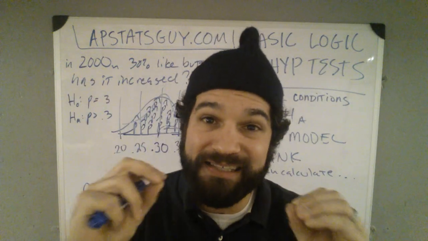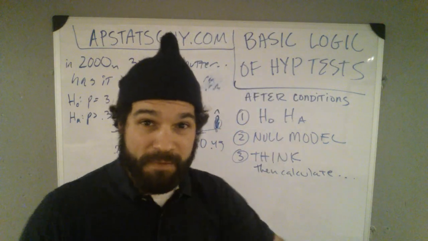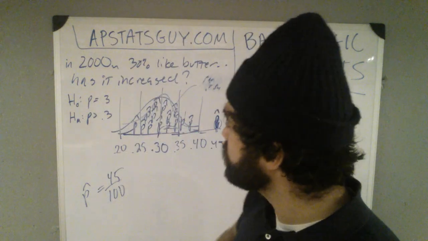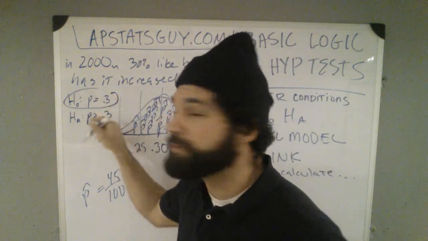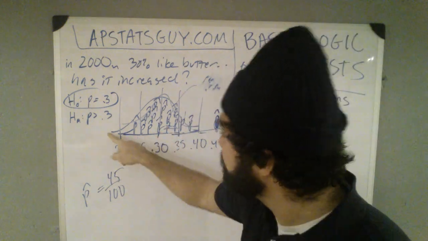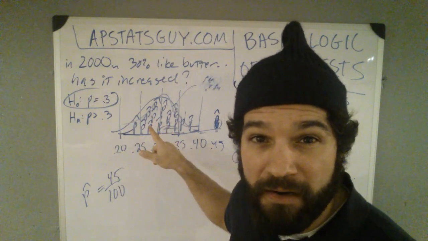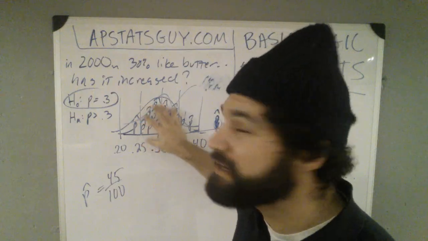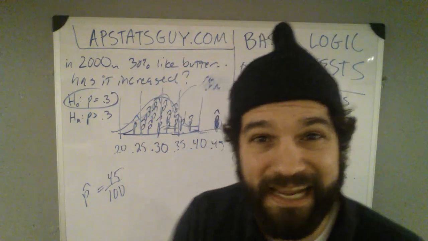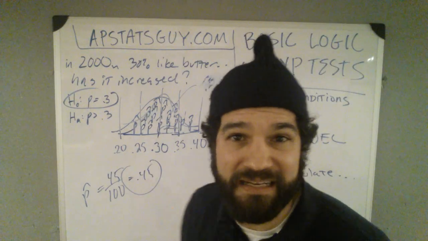The logic is this, okay? You make your null and an alternative, if you remember the whole p-value video. You assume that this is still true, that 30% of people do still like butter. Then you make a null model. This is where all the p hats would land if 30% still like butter. So it would be around here. You go out and take a sample, and you find in your sample 45% like butter.